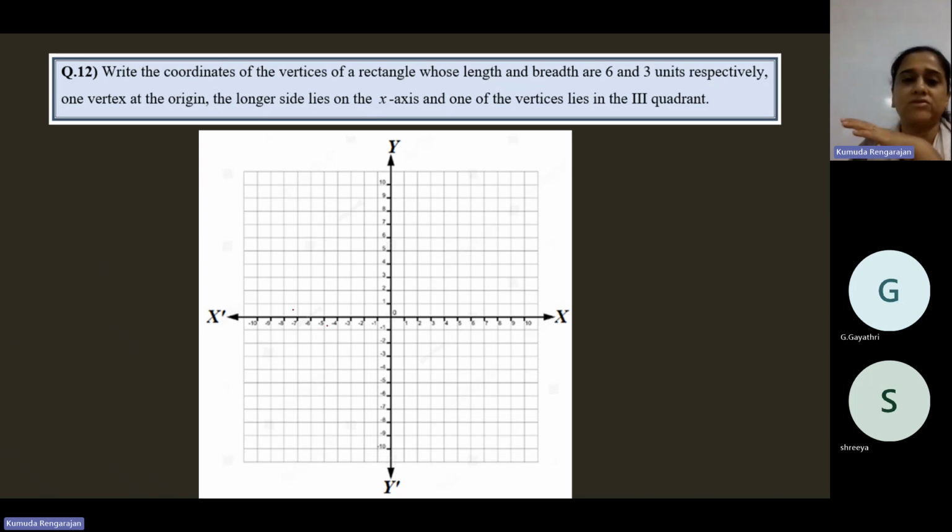I'll just get the graph paper from there. So length is 6, breadth is 3. Okay. One vertex is at the origin. Okay. The longer side, that is 6 units. So the longer side, which is 6 units, you know what happens?